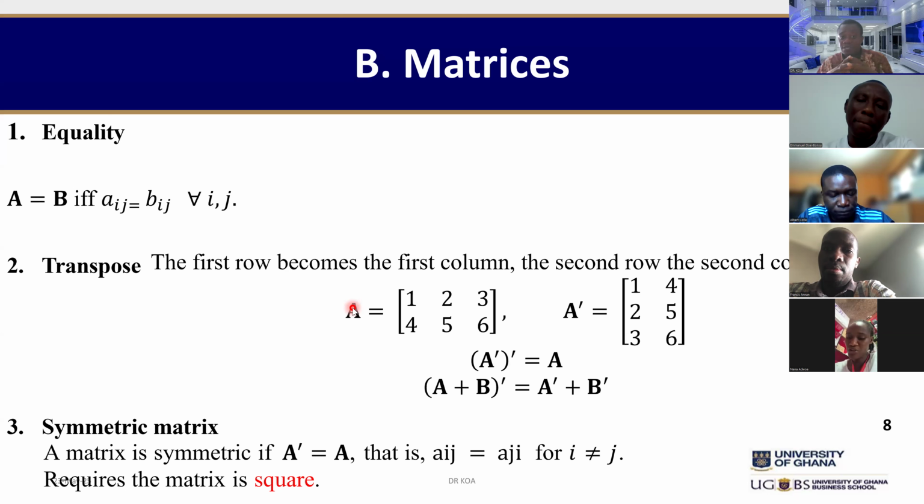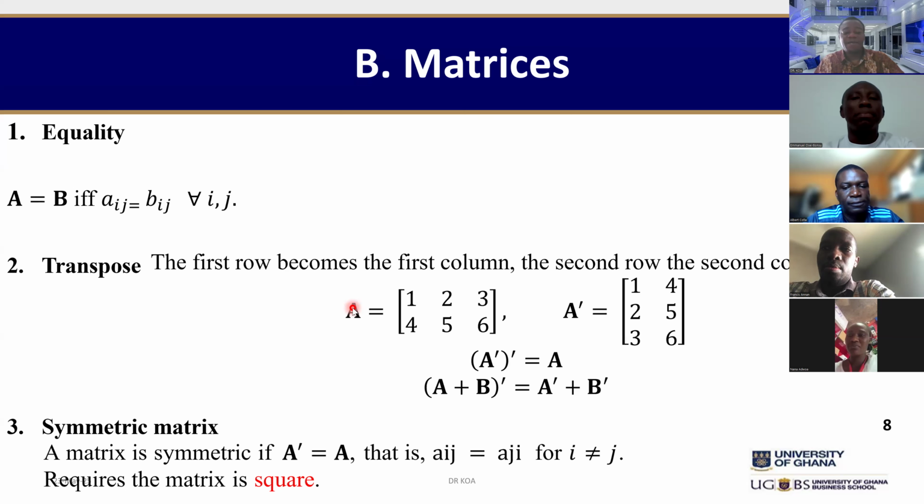It's a square matrix. A square matrix means that the number of rows equals the number of columns. And in such a case, that kind of matrix equals its transpose.